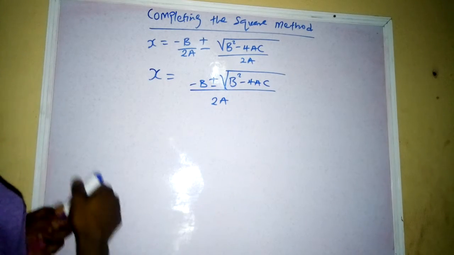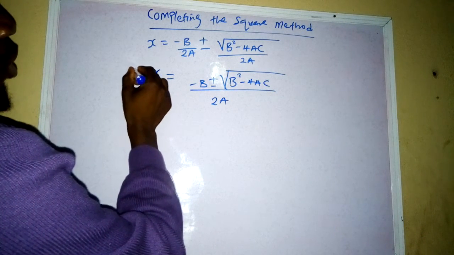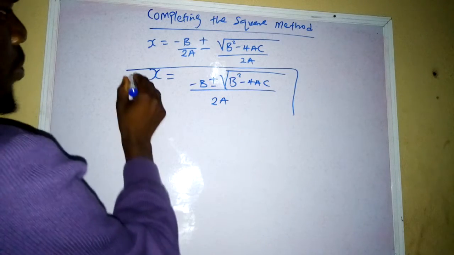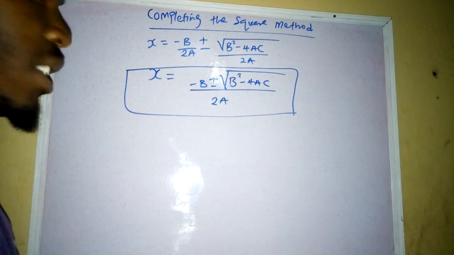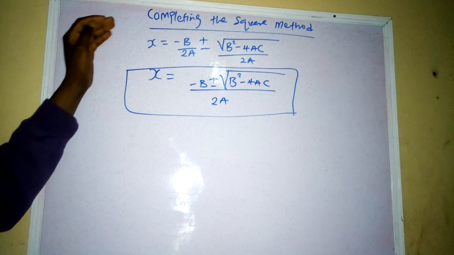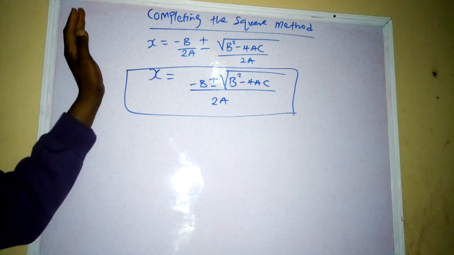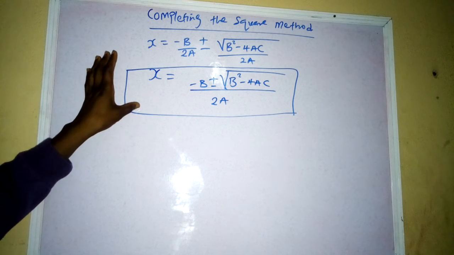By virtue of this, we know that solving a quadratic equation using the formula method is by this term. So by the time you are able to solve quadratic equations using the general term, the final result is what we call the formula method.